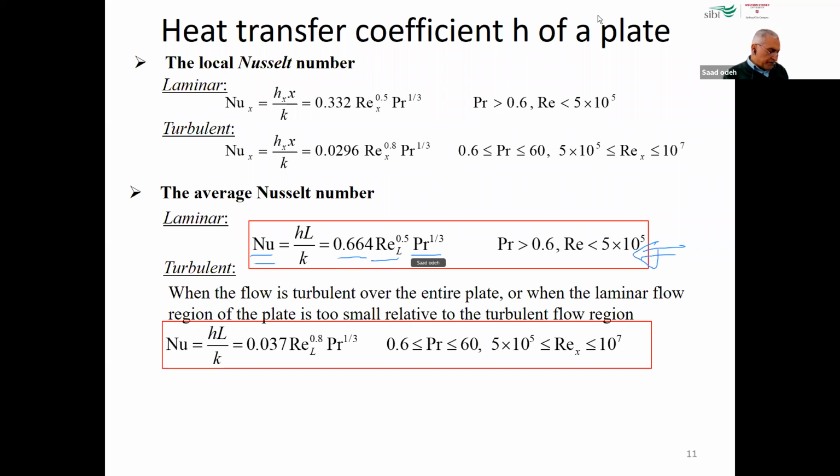For the Reynolds number, we need to go back and find this value, Re is equal to rho V L divided by mu. You just follow the equation that we mentioned before. For the Prandtl number, you go to the tables and find it. But all these properties, you need to find at film temperature. Okay. All right.